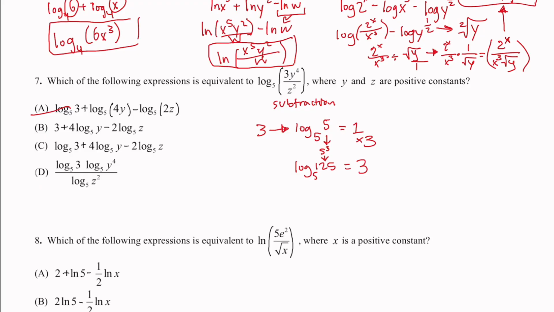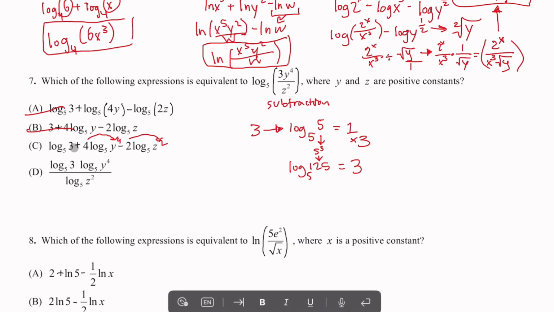So B is clearly not the answer, because 125 is nowhere in this equation. Everything else here is correct. We had this 4 moved here and this 2 moved here, but log of 5, 125, that's wrong, so cross off B. Now we have C here. 3 times, we move this 4 here, and then 2 here.